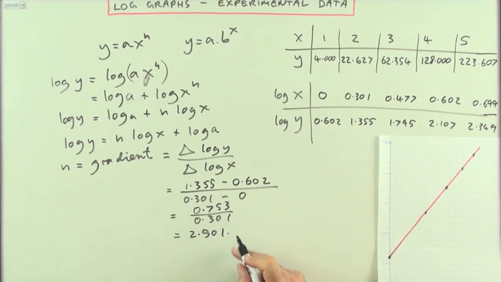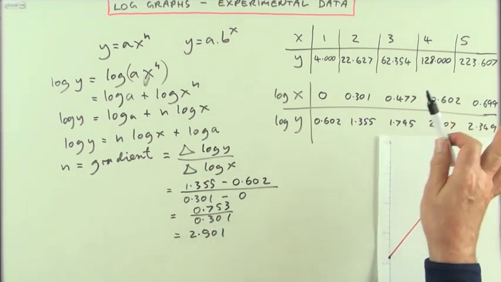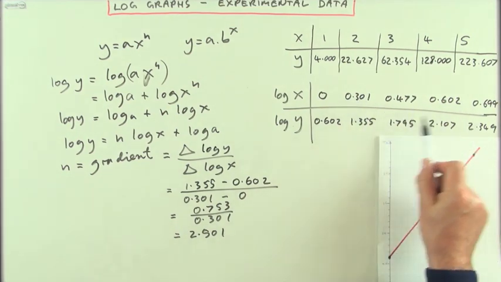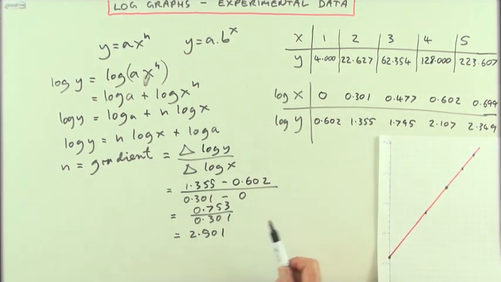But remembering that not only was that data from an experiment, but the logs have been rounded off considerably, then this won't be completely accurate, so you would shorten it a bit to something a bit more convenient like 2.5. That seems a bit handier. So the power in that should have been 2.5.